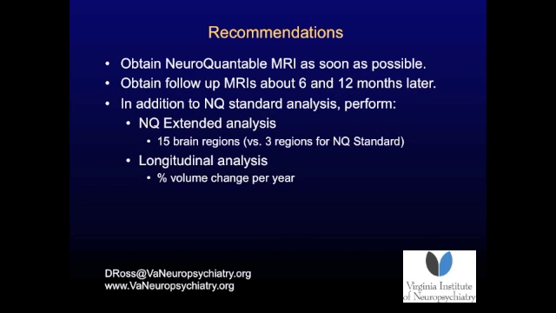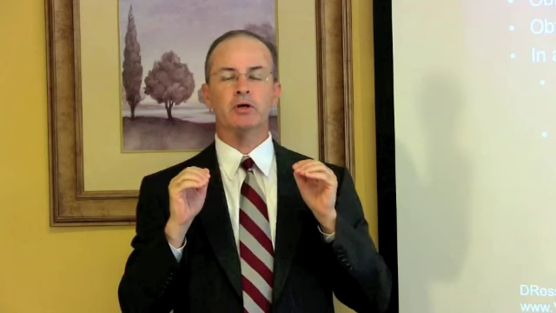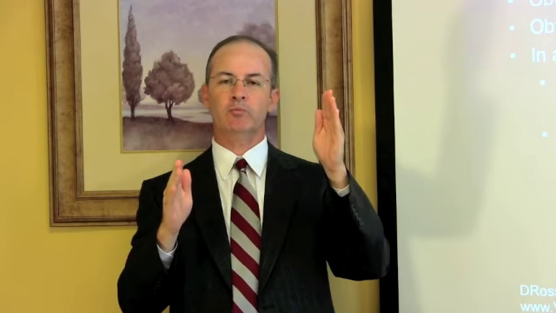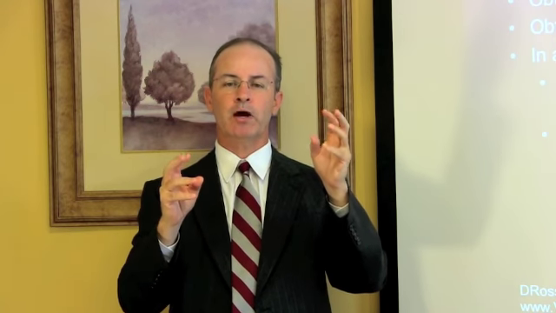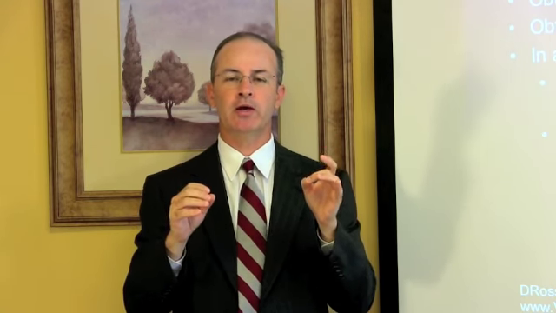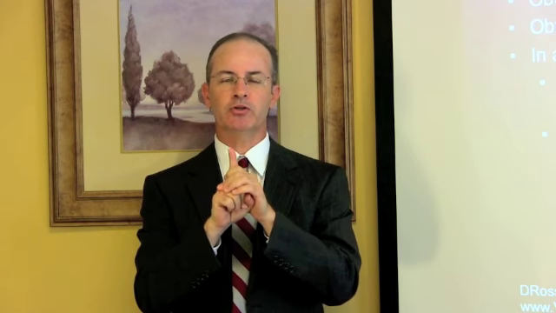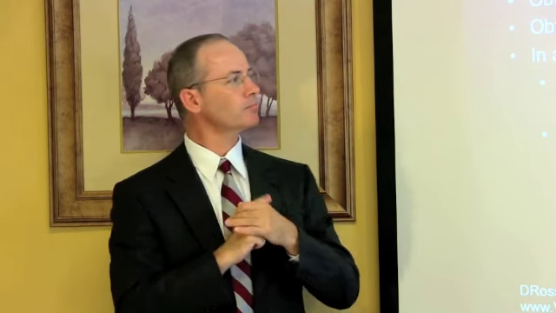Next thing I'd recommend is that you get at least one, probably two follow-up MRIs about 6 and 12 months later, so that you can look for the progression of atrophy over time, because remember, the longitudinal design, more than one MRI, is much more powerful for detecting signs of atrophy than the cross-sectional MRI, which is the one point in time design.